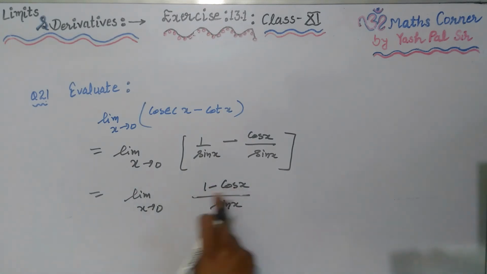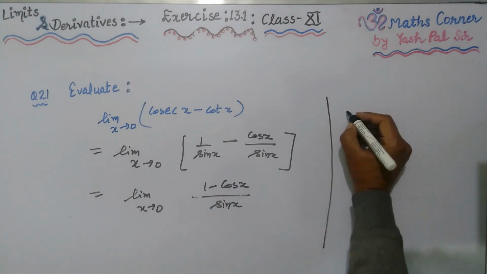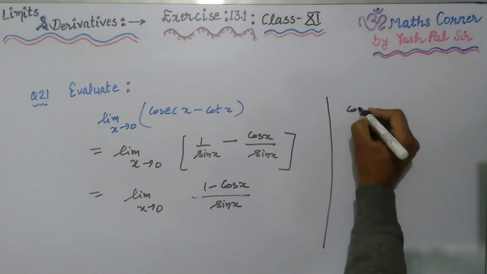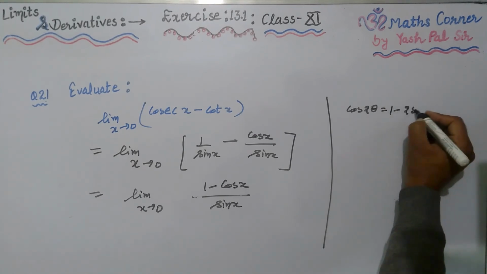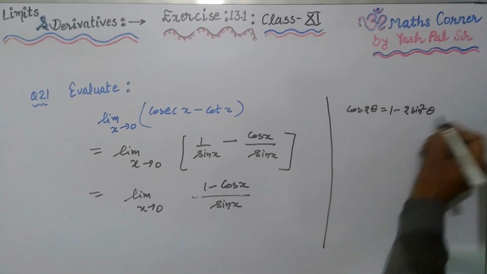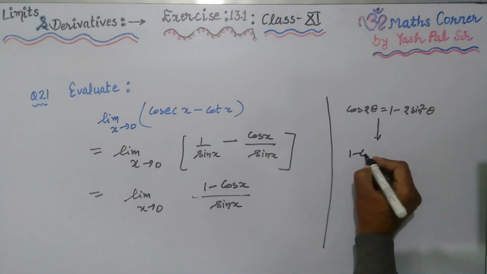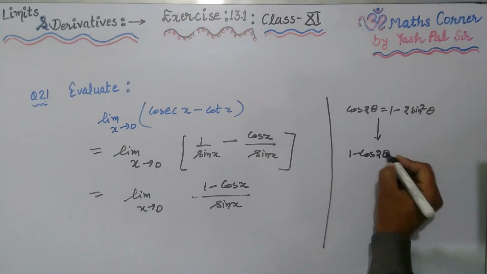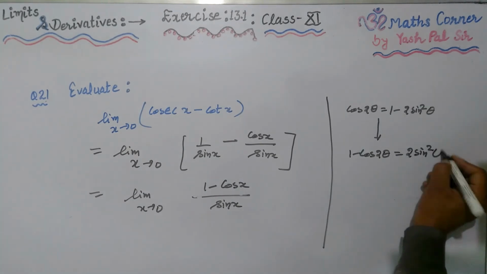Again, the same factor that we used in the previous question. What was that? Cos 2 theta was equal to 1 minus 2 sine square theta. So from here we concluded 1 minus cos 2 theta is equal to 2 sine square theta.